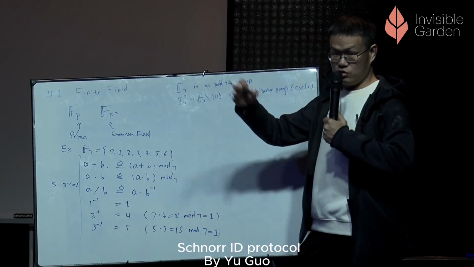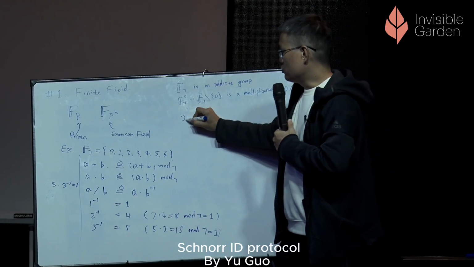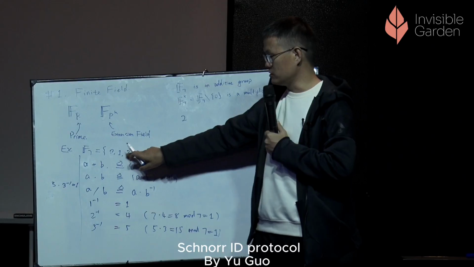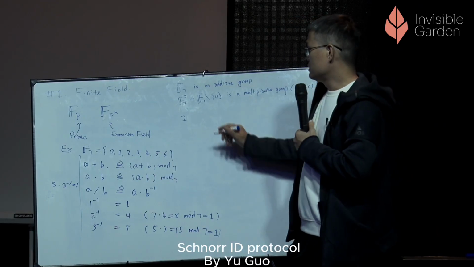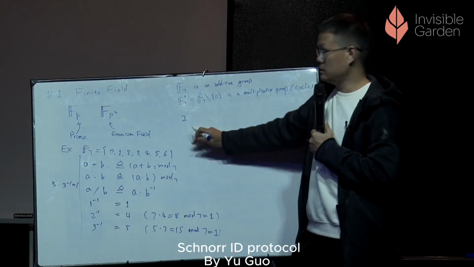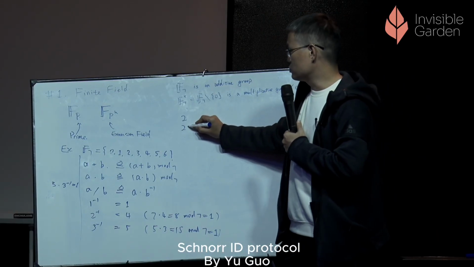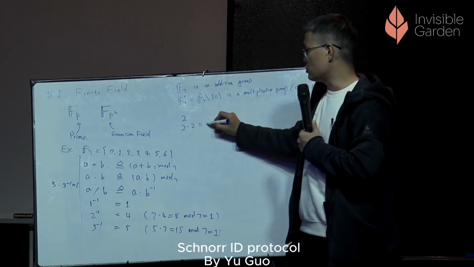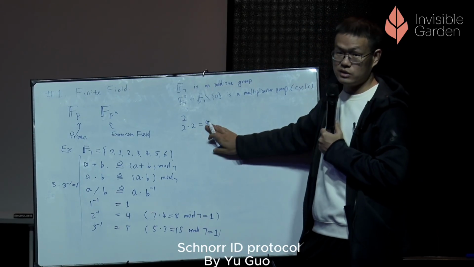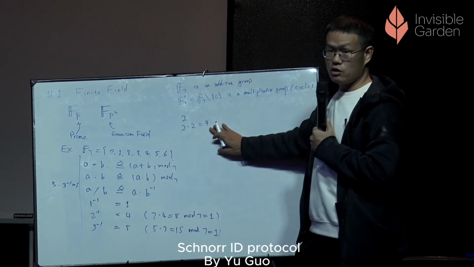Let me try. Let's take 2, an element in F7. 2 generates 2, and then we use multiplication: 2 times 2 equals 4, so we can use 2 to generate 4.